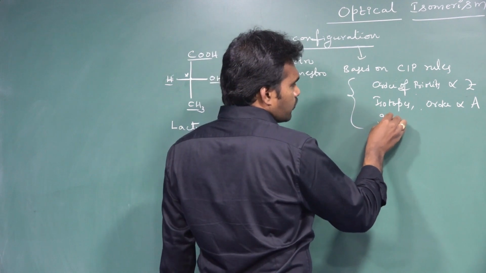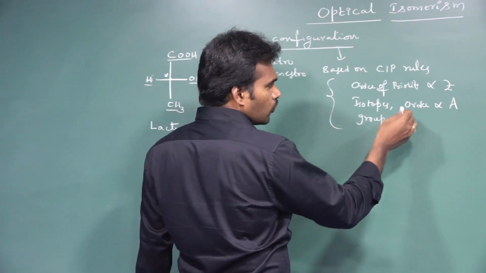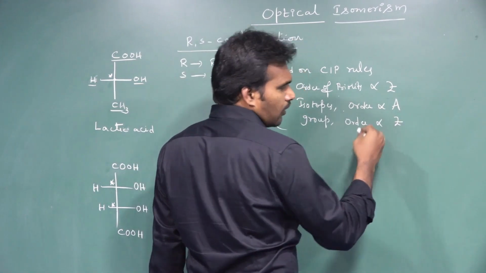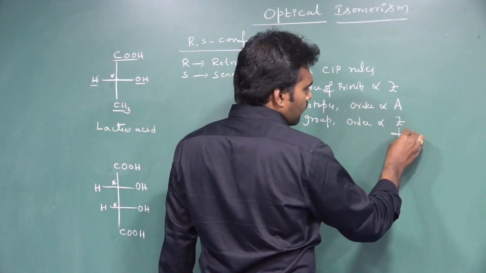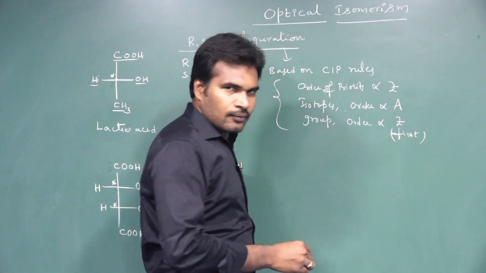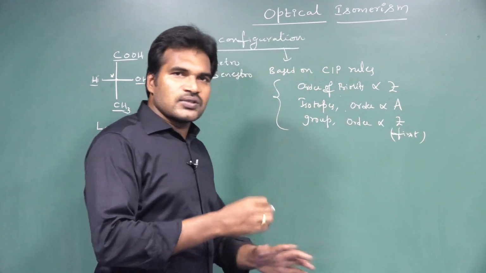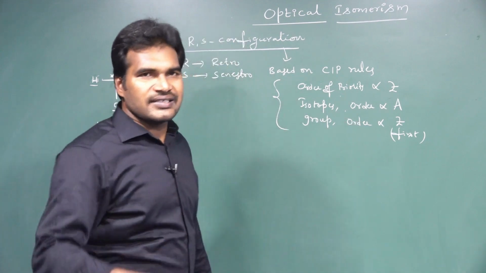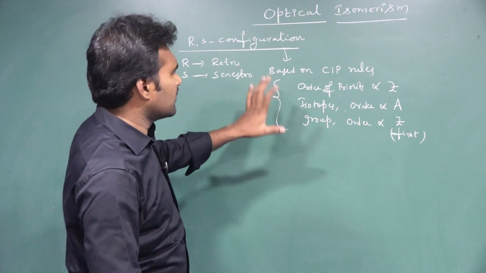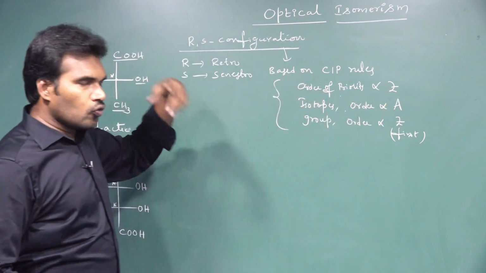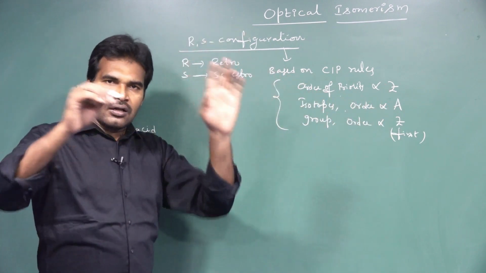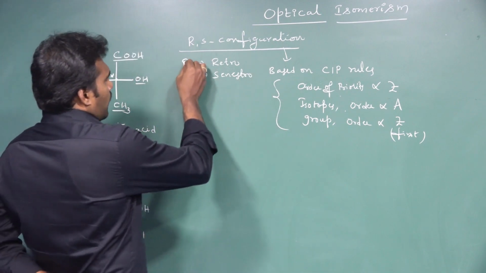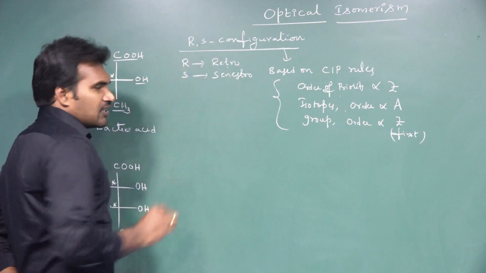In case of groups, the order of priority is directly proportional to the atomic number of the first attached atom. If the first attached atoms are the same, then move on to the next attached atom, likewise. These are some rules that we follow to identify the priority of the groups attached on the carbon.